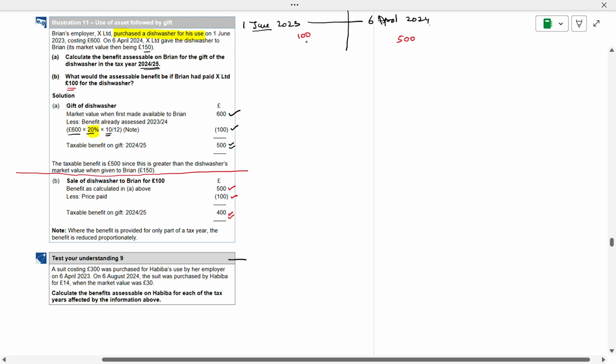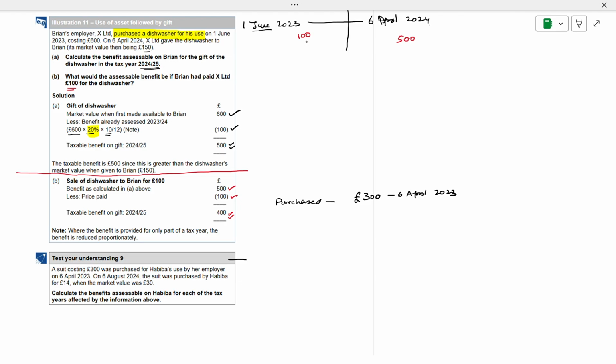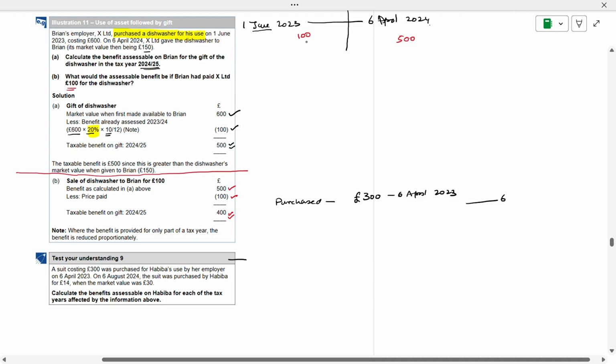Okay, that's it. The suit was purchased. How much did they purchase it for? Do it in a very short term, don't do all the procedures. They purchased it on 6th April 2023, and on 6th August 2024.